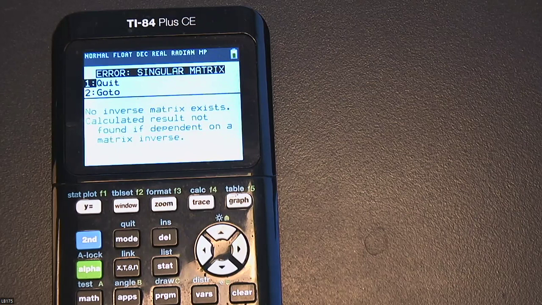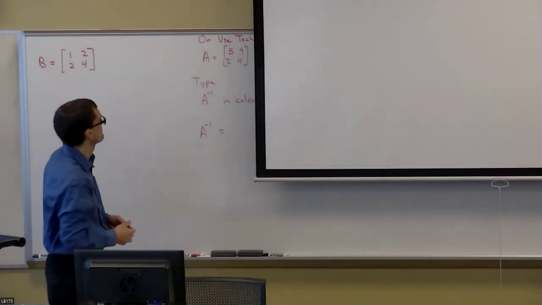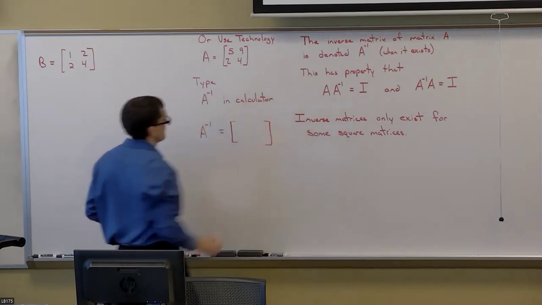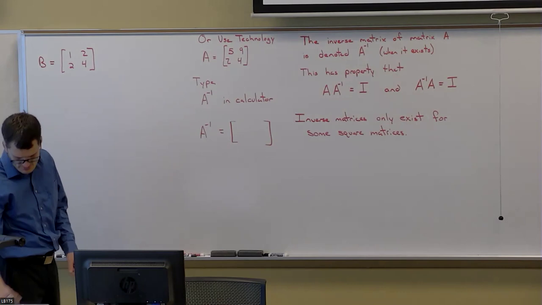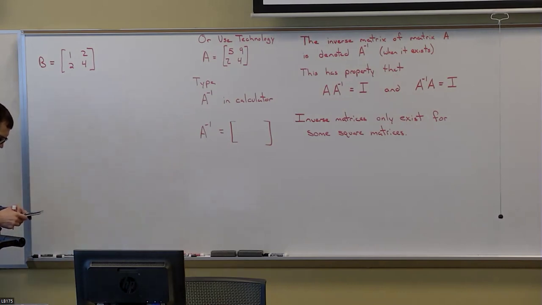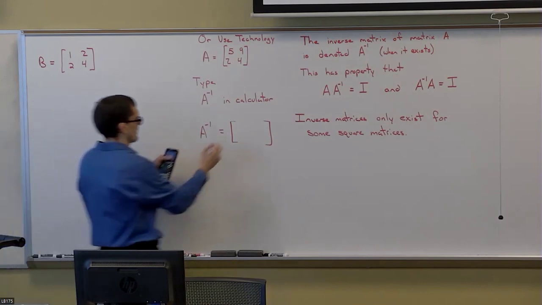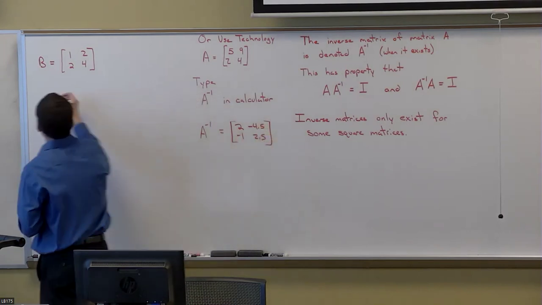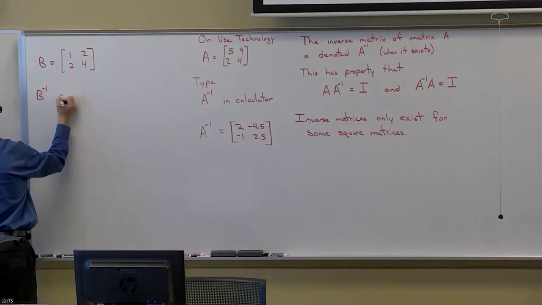All right. So if I have a B, which is 1, 2, and then 2, 4. B inverse does not exist.